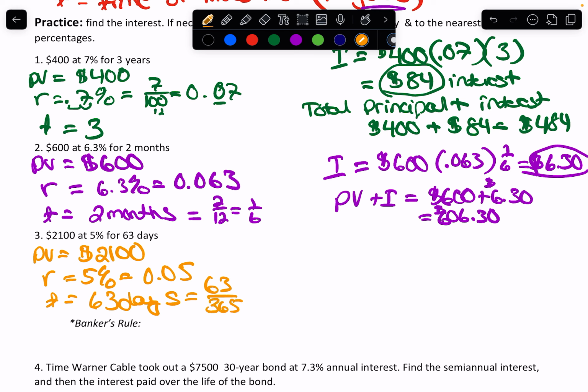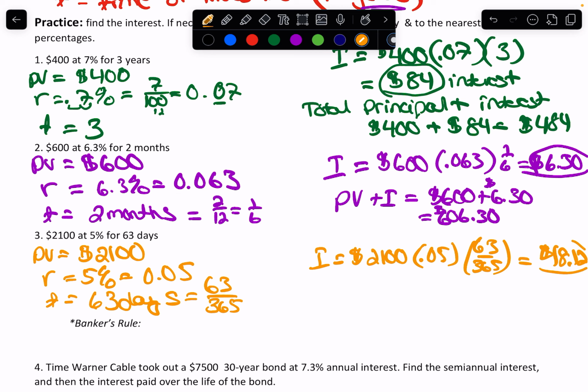Now plugging all these numbers in, again, the present value times the rate times the time, and we get $18.12 for the interest, and then we've got $2,118.12 on the account.